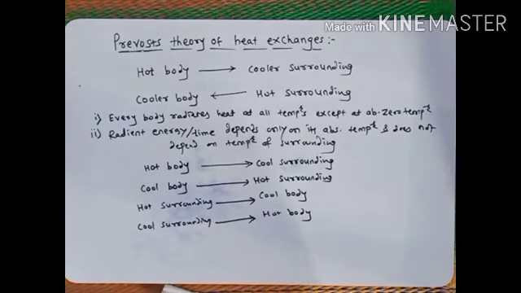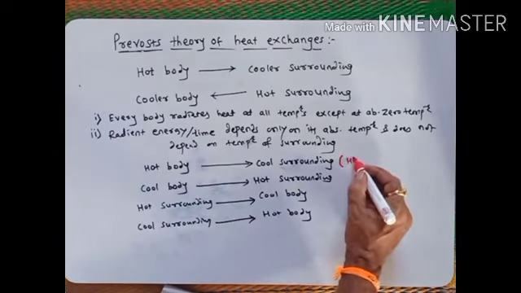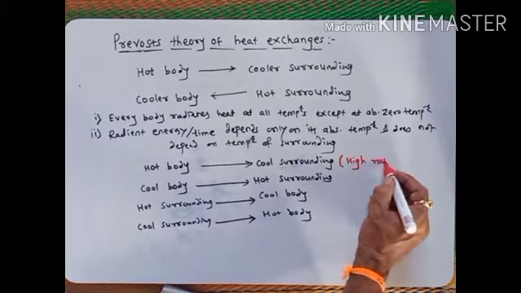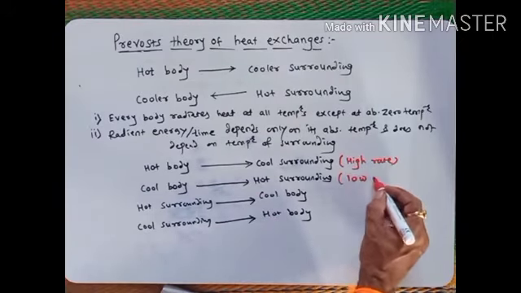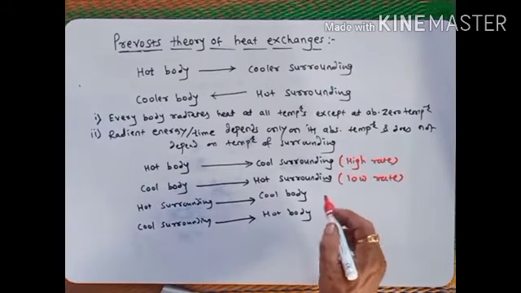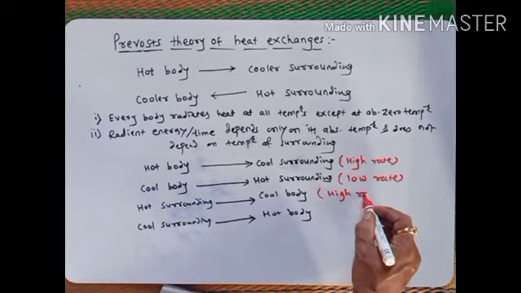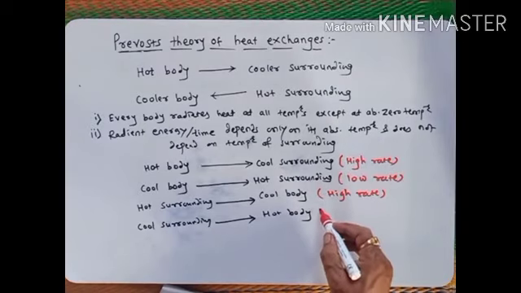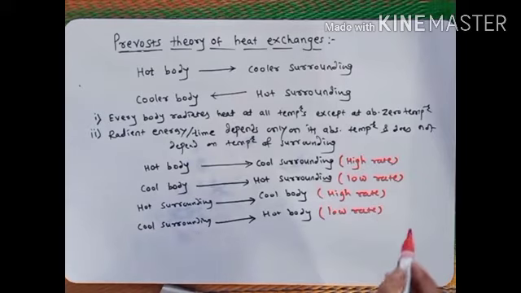Only the rates are different. Hot body to cool surrounding is a high rate, and cool body to hot surrounding is a low rate. Again, hot surrounding to cool body is a high rate, and cool surrounding to hot body is a low rate. This is all about Prevost's theory of heat exchanges.